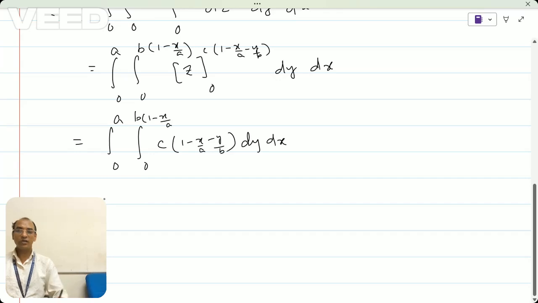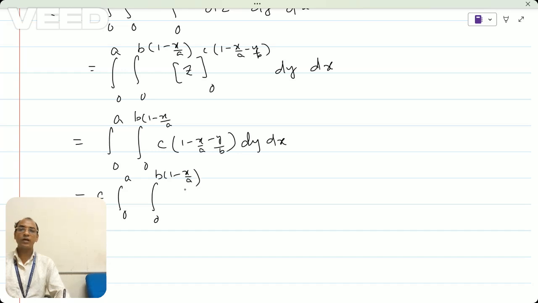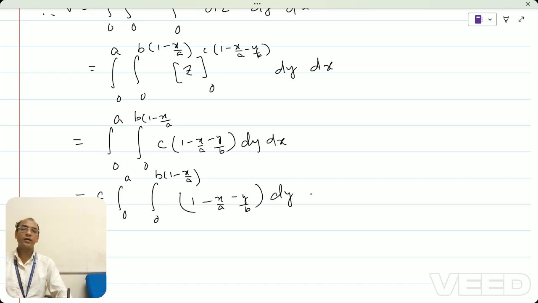Now here c is constant, so you can put it outside: integration 0 to a, integration 0 to b into 1 minus x by a, and then 1 minus x by a minus y by b dy, then dx. Now in order to integrate 1 minus x by a minus y by b, 1 minus x by a is constant with respect to y.